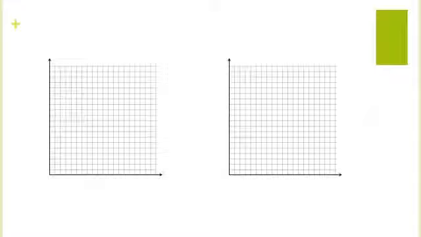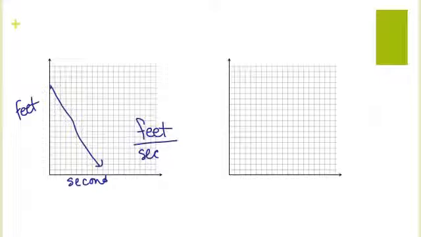And again, falling at a constant speed, probably not the case, but maybe you're talking about feet per second. If it's falling, that's when we're going to have it going down over time. Feet per second. Or what's another one?